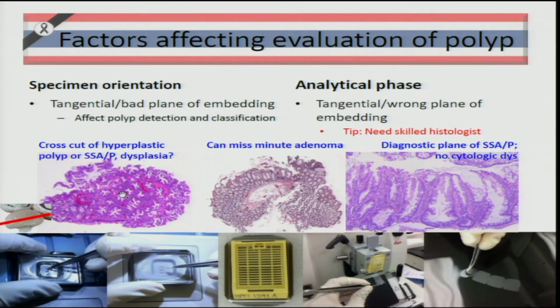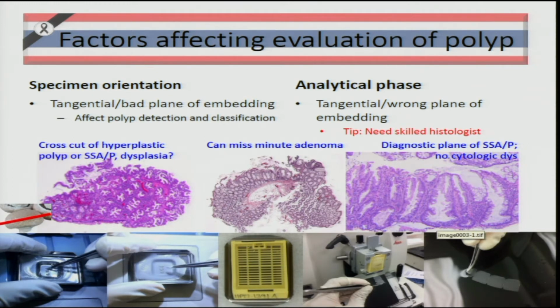And this is an example of a case where you get a wrong plane of section, that you cross-cut the colonic crypt, and it comes out like a starfish shape, not a sawtooth. And in this way, I cannot see the crypt base, and I cannot distinguish between hyperplastic polyp and SSP, because for SSP, you need serration all the way through from surface to crypt base, and you need a broad base crypt shape, like L shape, boot shape, or anchor shape, whatever you say.